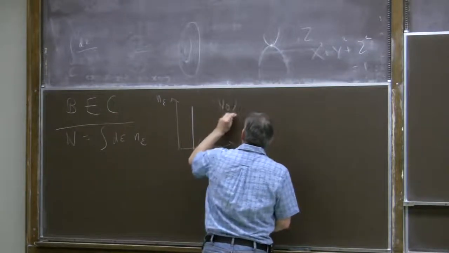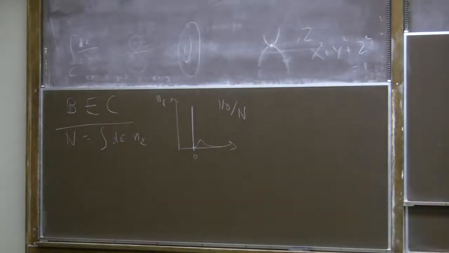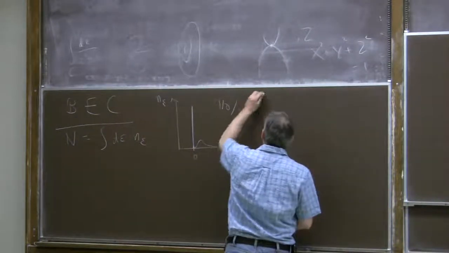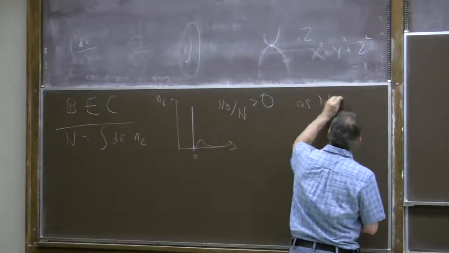And we call it a BEC if, as we consider the system size getting large, the number n0 of particles in the ground orbital divided by the total number remains positive as N gets large.